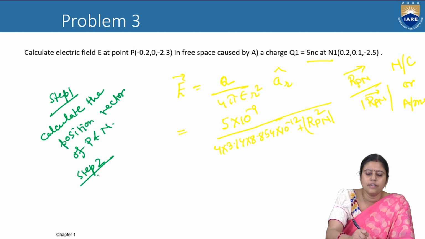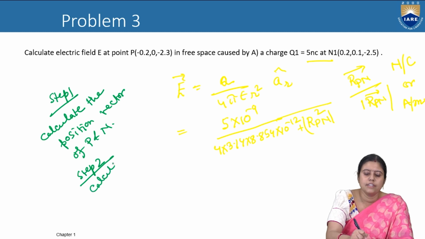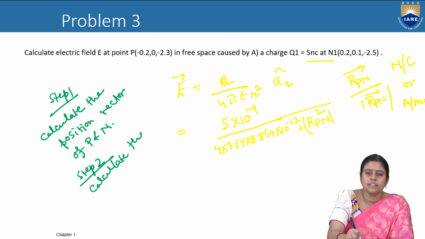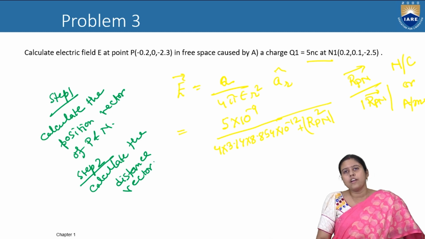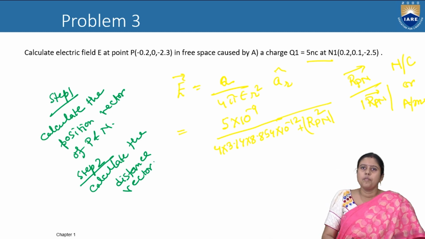Step 2 is calculate the distance vector, and at this time we should know what is the end point and what is the starting point.